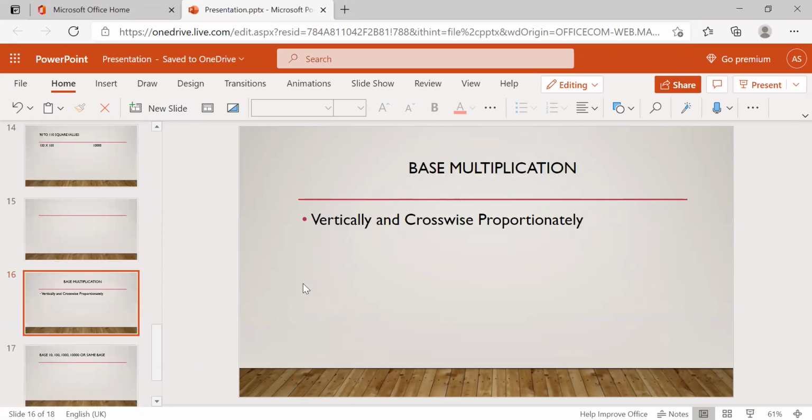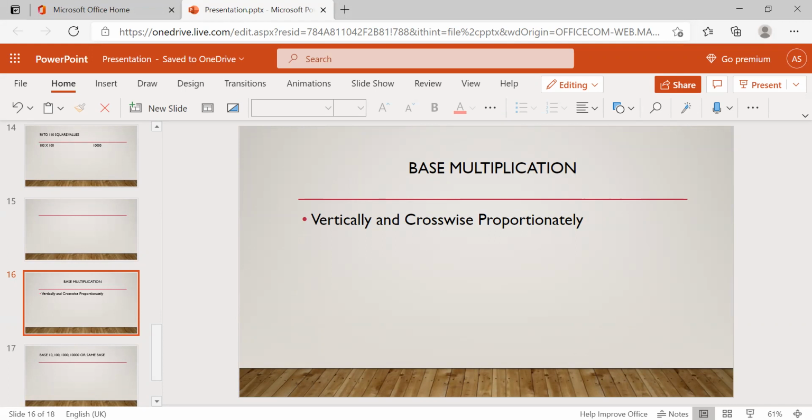Now here, base multiplication. Base multiplication is based on the base value. What is the base value? You know the base value of decimal, octal, hexa, binary, right? So binary is 2, hexa is 16, octal is 8, and decimal is 10.